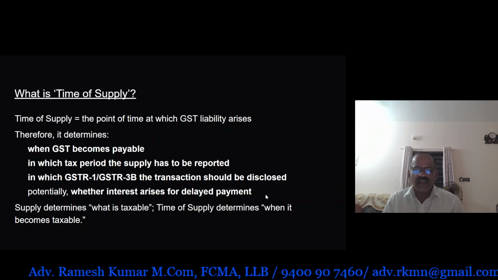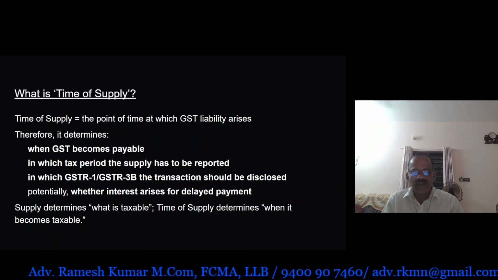Let us first understand what we mean by time of supply. In very simple words, time of supply means the point in time at which GST liability arises. And why is this important? Because once we know the time of supply, we know when GST becomes payable.